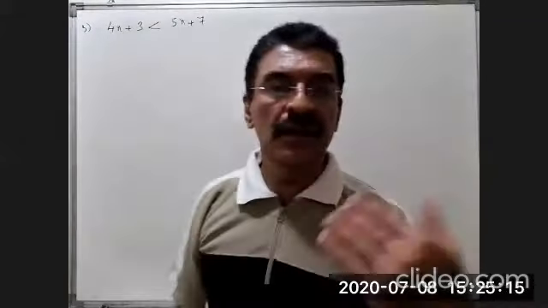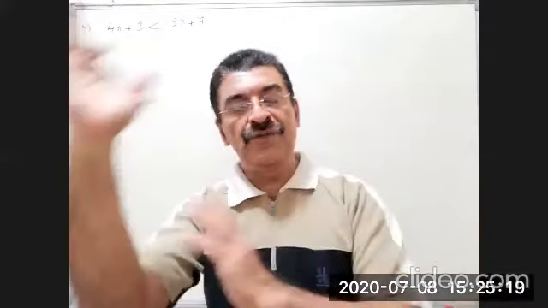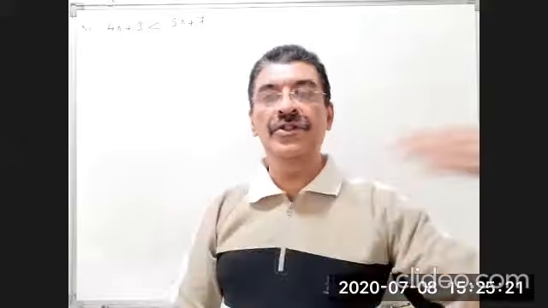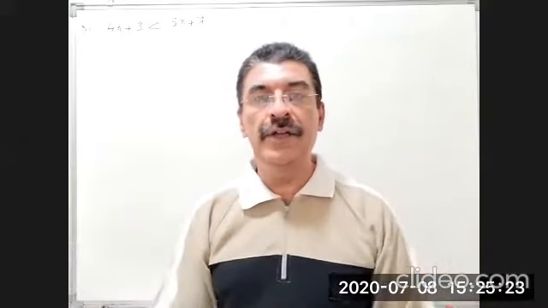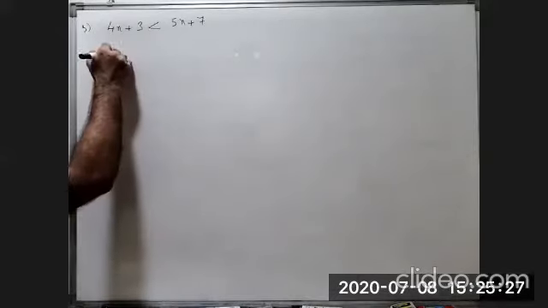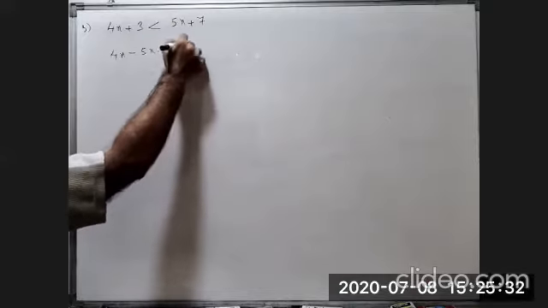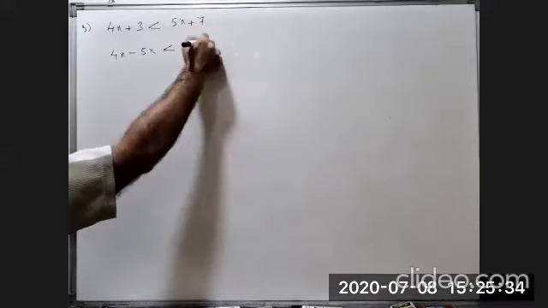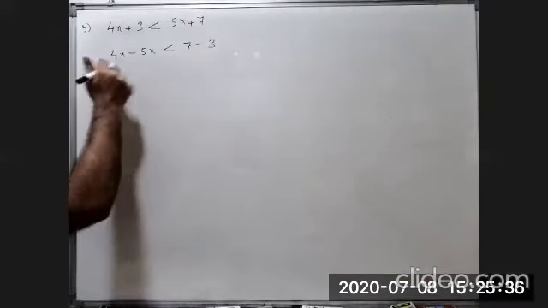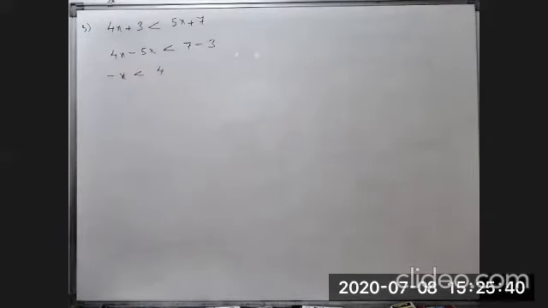Like linear equations, it's very easy. Take all terms of x to the left hand side, take all constants to the right hand side, and solve it. So taking all variables, 4x minus 5x less than 7, 3 goes to the other side, minus 3. 4x minus 5x is minus x less than 4.